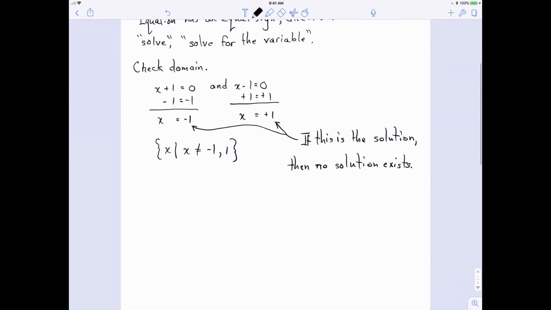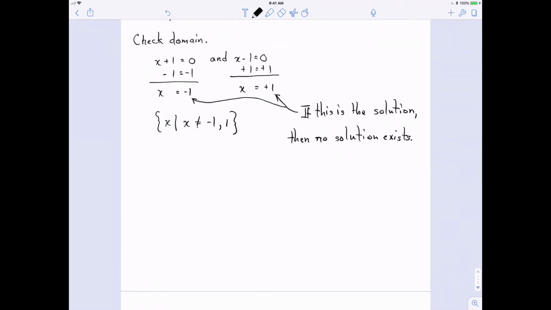So there's a couple different ways to solve a rational equation, and I'm going to do it using the method of clearing fractions. So solve by clearing fractions.